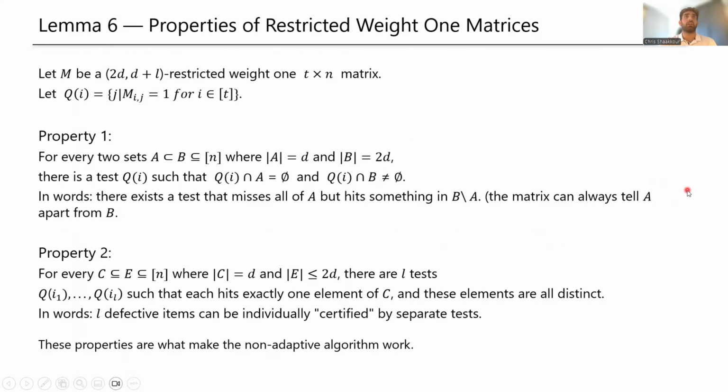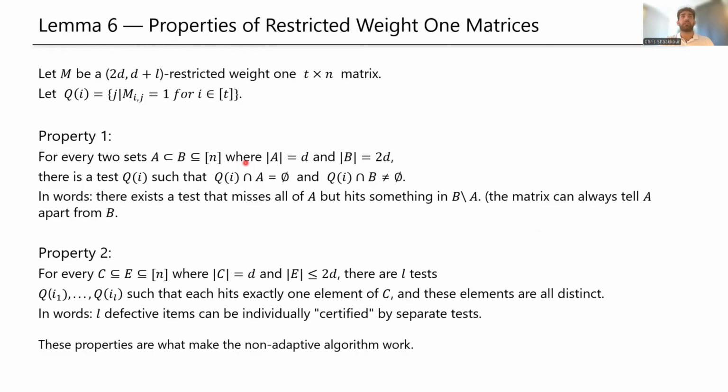Okay, let's move on. We're going to start now with a few lemmas before we prove those upper and lower bounds. Lemma number 6 says: let M be a 2D by D plus L, RS restricted weight 1, T by N matrix, and let Qi, the question, be the number of the column J in which, at the index ij of the matrix, there is 1.